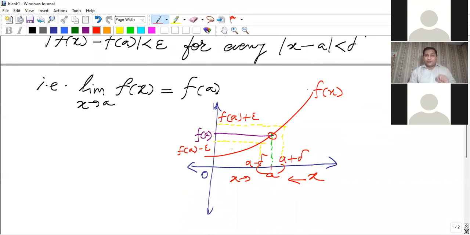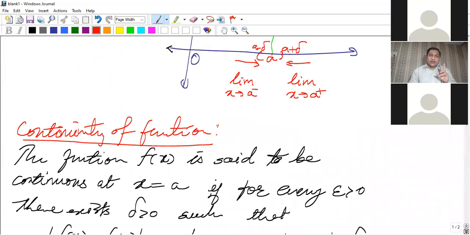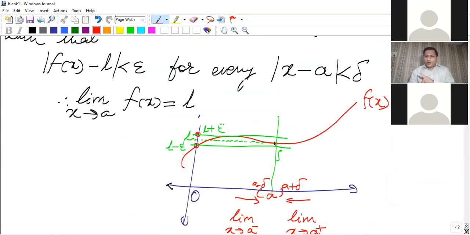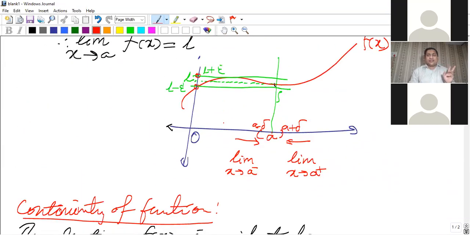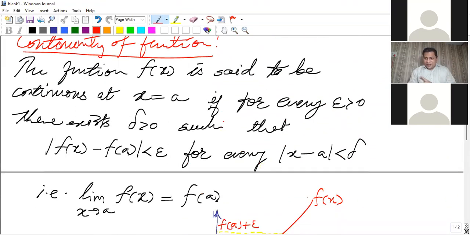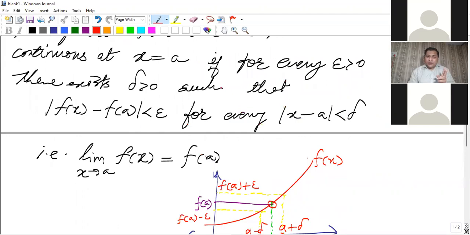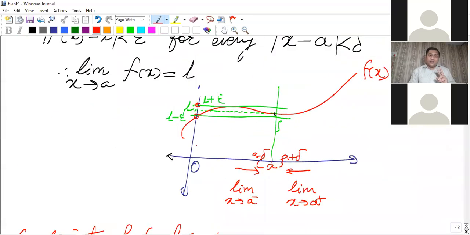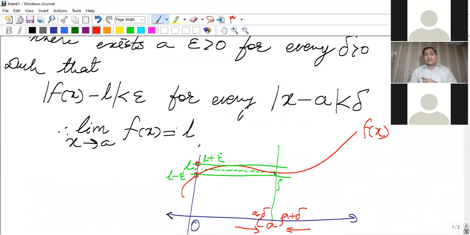So in limit, we are approaching the constant point L. In continuity, we are approaching f of a. Here, the limit value is not necessarily the same as the function value. This L may be f of a, may not be f of a.